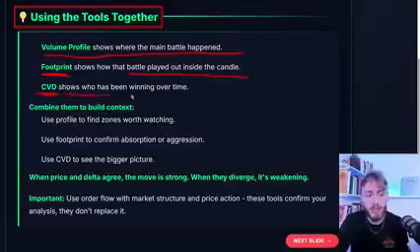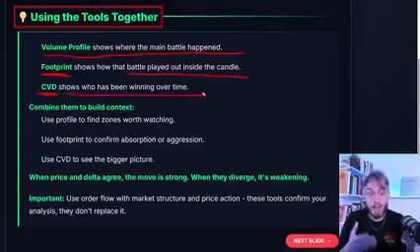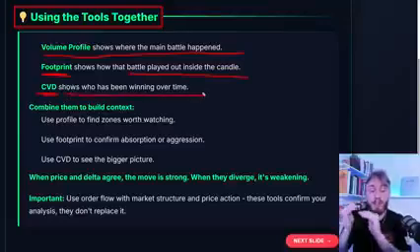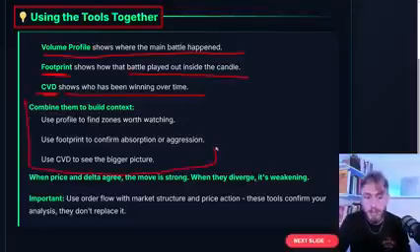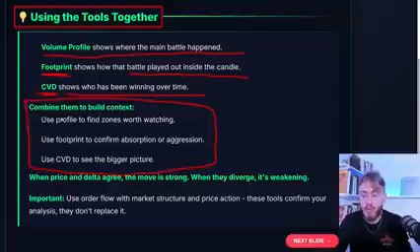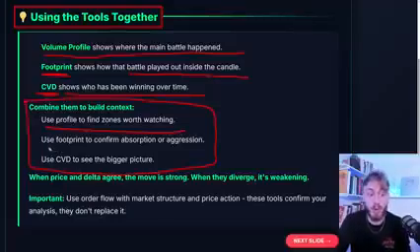But the CVD shows who was winning the battle over time. Remember, with the CVD we're adding up the deltas over time. And you can combine these tools in multiple different ways to improve your trading and, as a result, make more money. So you can, for example, use profiles to find what zones are worth watching.